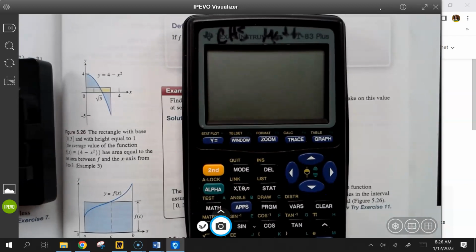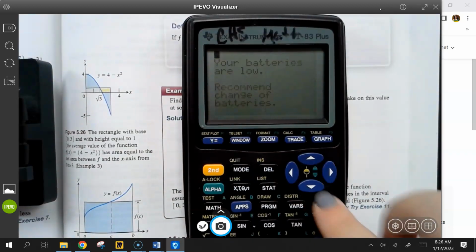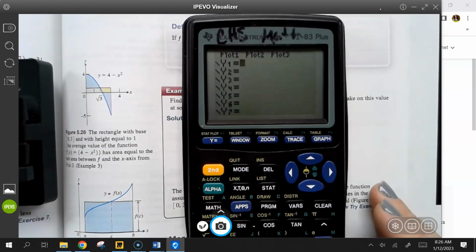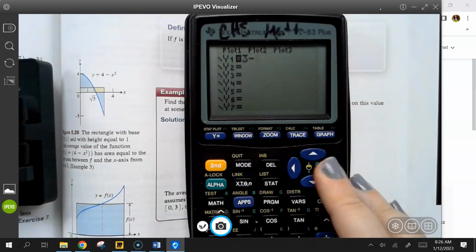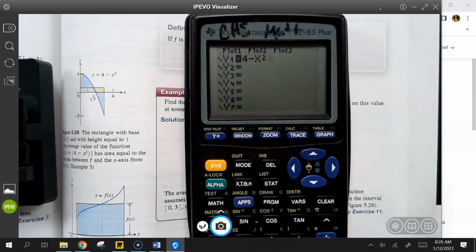So if you don't remember how to do it, I put it in y equals. But y'all with your fancy calculators, if you do math 9, it just comes up with the integral there. But we got 3 minus 3, 4 minus x squared. Do y'all like doing it on the graph better?